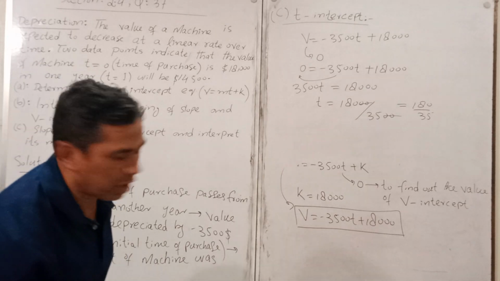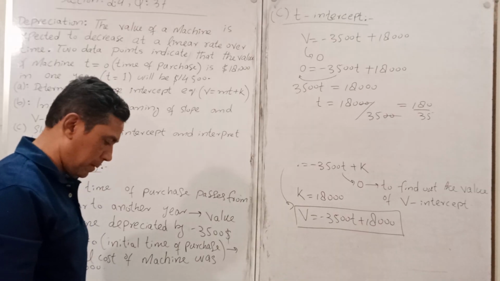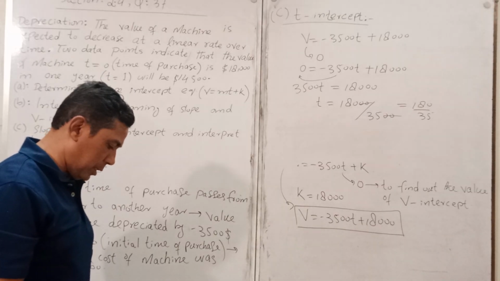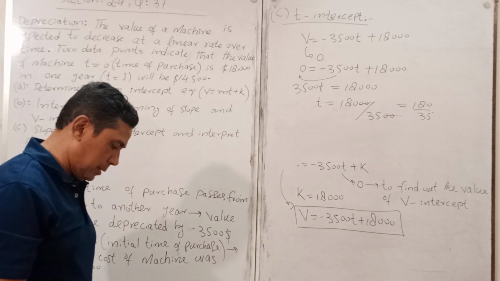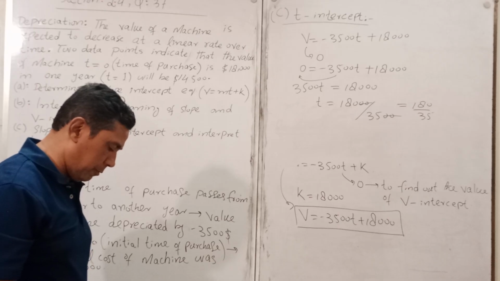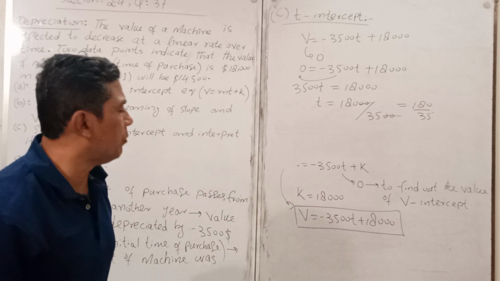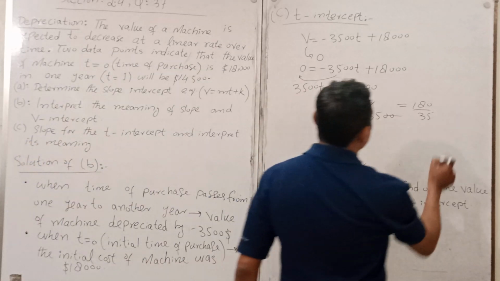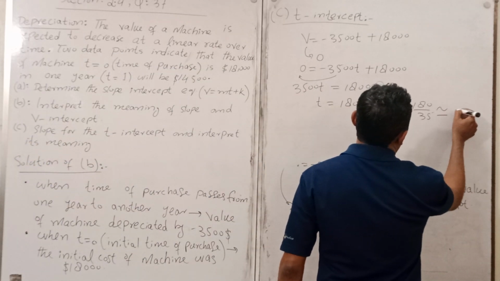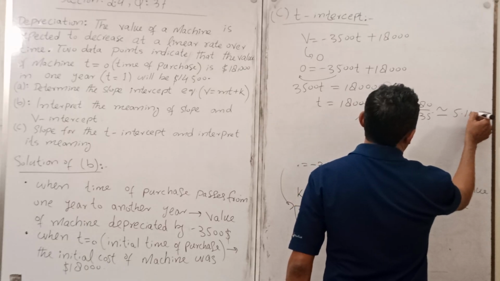I think it is 5 point something. 180 divided by 35. Okay, it is approximately 5.14.